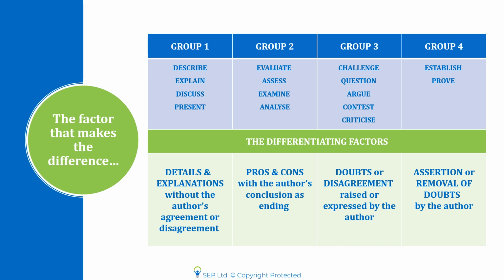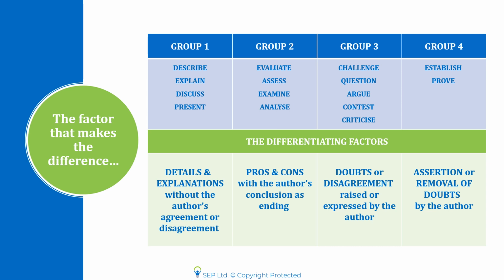On the other hand, the words of group 2 are used when distinctly the pros and cons of something have been discussed and the author has stated his opinion clearly at the end of the passage after examining these pros and cons. So the difference between the two groups is essentially the presence of pros and cons along with the author's opinion on them.